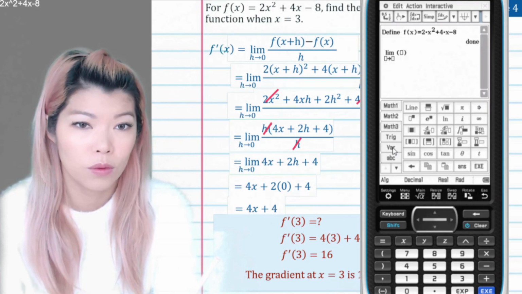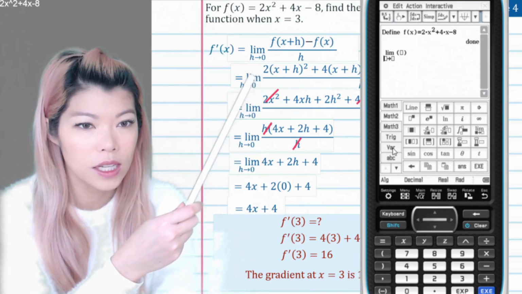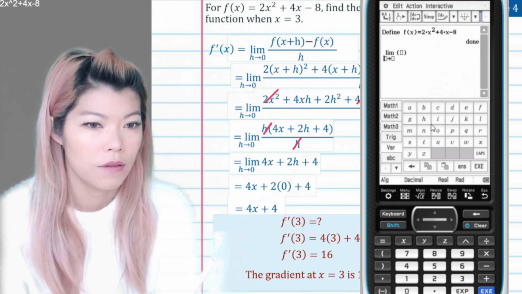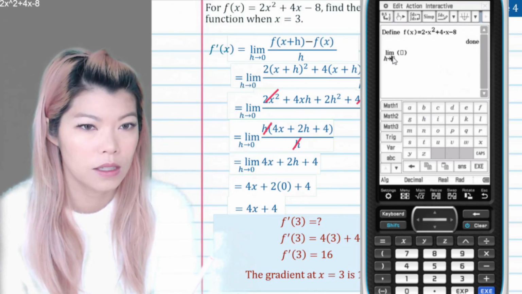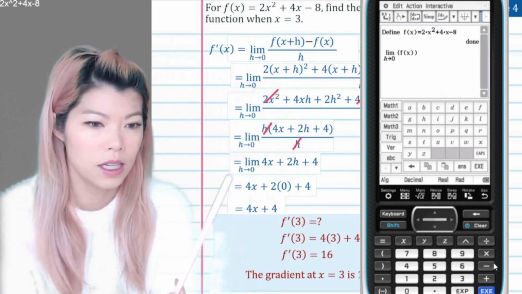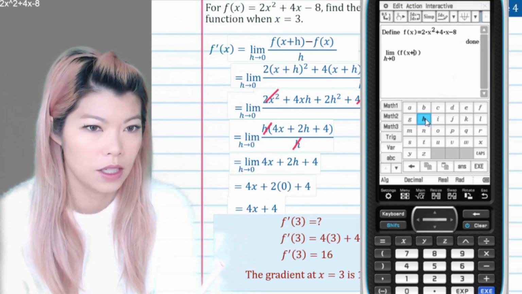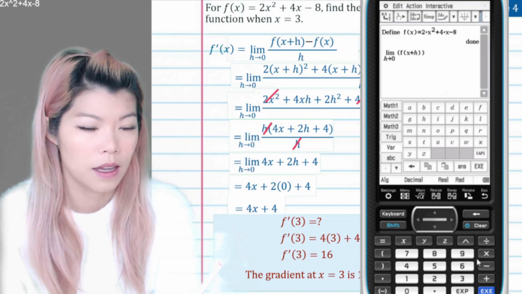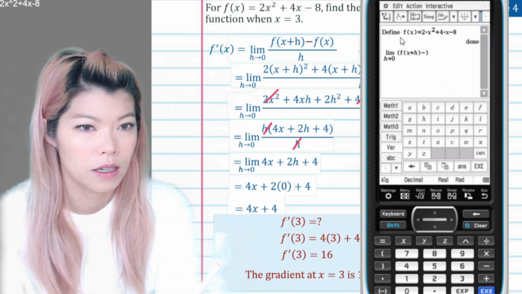Now be very careful with this part. Now the h is a variable, so we go to variable h approaches 0. But the f of x, I will just highlight and drop it in. So plus h, plus the h, and then minus, I'm just going to highlight, drop it in.